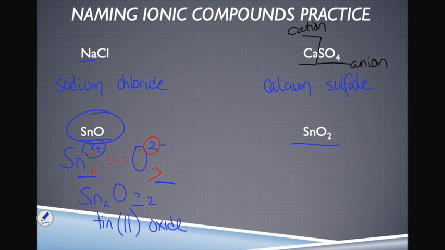That might be a little bit confusing. Let's compare with SnO2. So again, going through the same process. Tin has some sort of a positive charge. Oxygen, whoa, out of control. Whew, lost it for a second there. Oxygen has a 2- charge. Again, we would do the old cross and drop. And we would come up with Sn2O something.